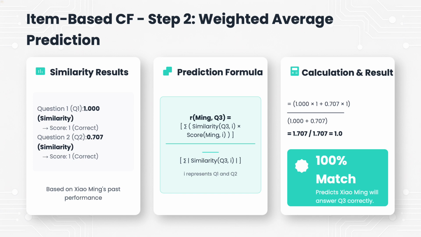Once again, this equals 1.0. So, item-based CF also predicts a 100% chance of success for Xiaoming on question 3. Both methods arrived at the same conclusion through different paths.